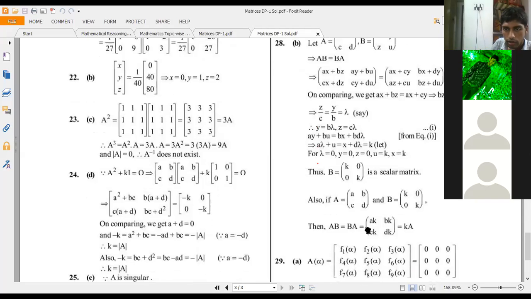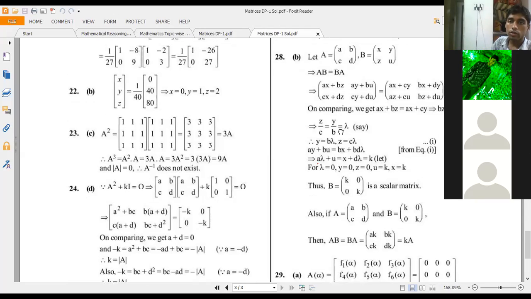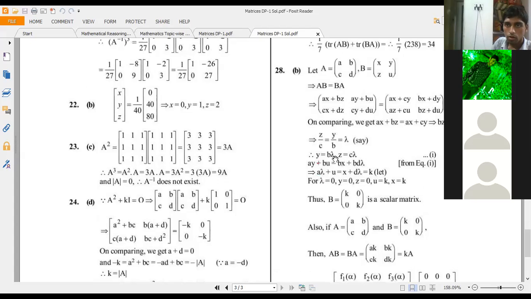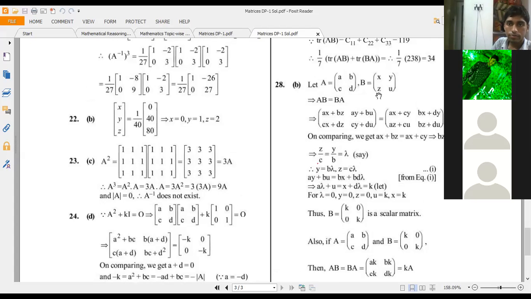Then AB equal to BA equal to k. What is he trying to say? Sir, how A is scalar? If lambda equal to 0, then z and y will be 0, na?